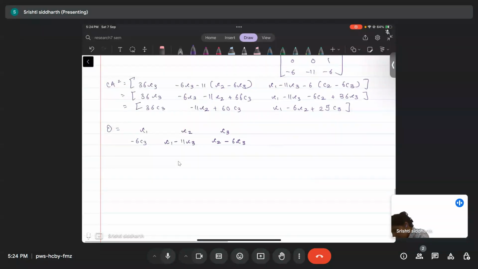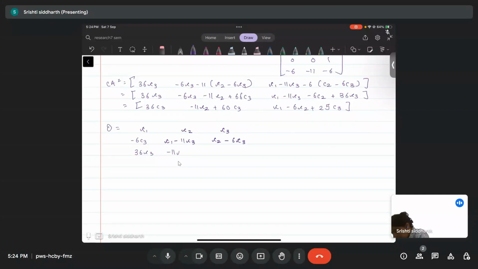The last row is going to be 36 C3, minus 11 C2 plus 60 C3, C1 minus 6 C2 plus 25 C3.